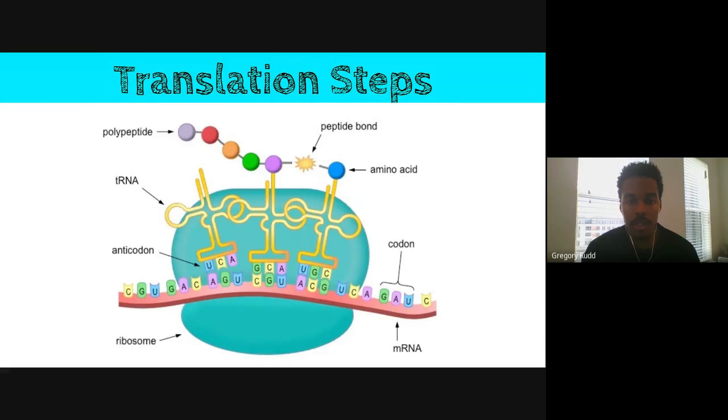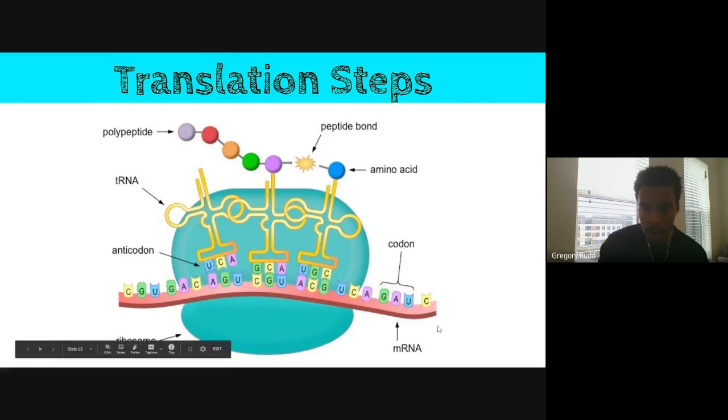So this image is an image of translation. We've got all those terms that we saw on the last slide here. It starts with your mRNA strand, which is this red strand here.